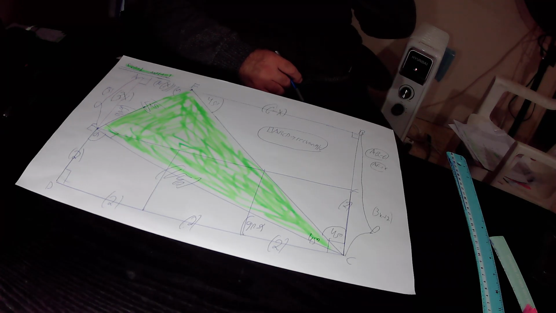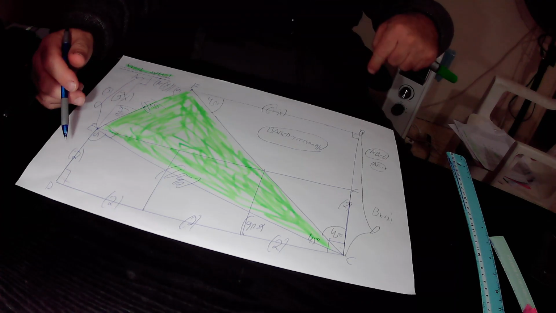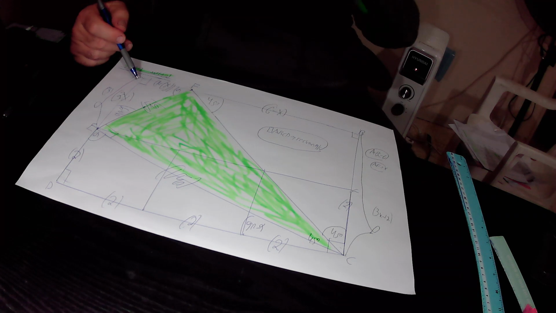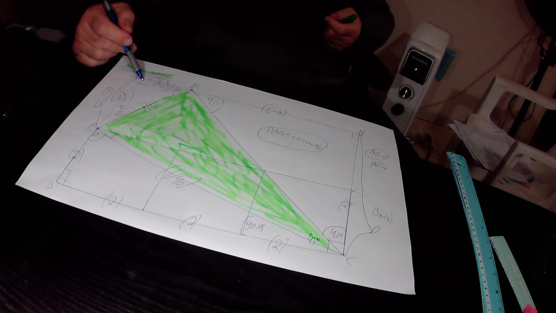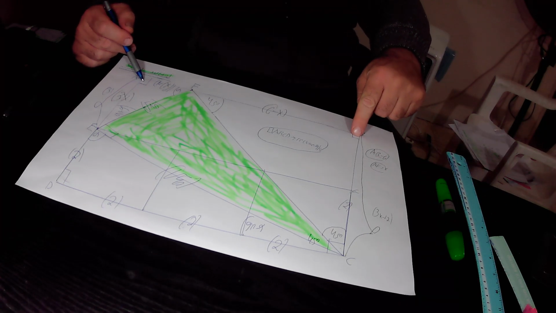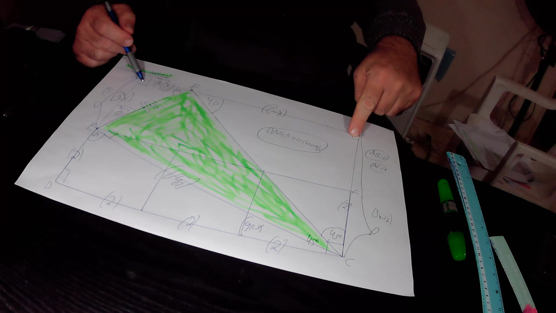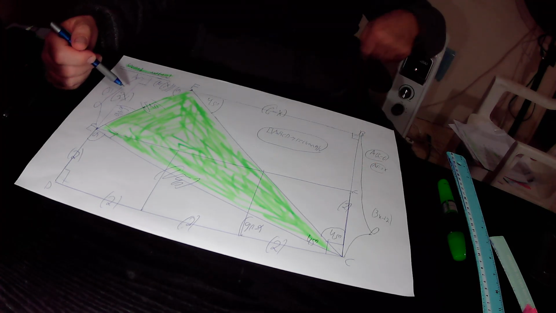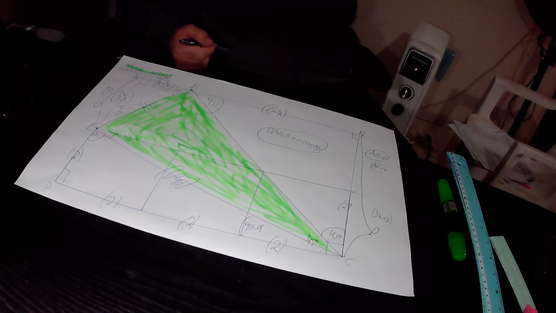The second reason that this fourth angle must be equal to 90 degrees is as follows. We know that AD is parallel to BC, and this angle equals 90 degrees according to our construction. Those two angles are one-sided interior angles located between the parallel lines AD and BC, and therefore must sum to 180 degrees, according to the rule that the sum of two one-sided interior angles located between parallel lines is equal to 180 degrees.